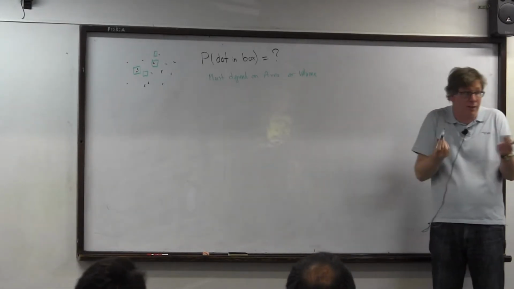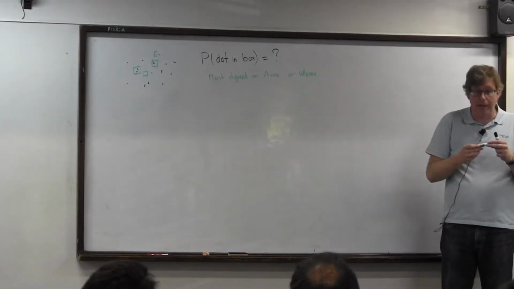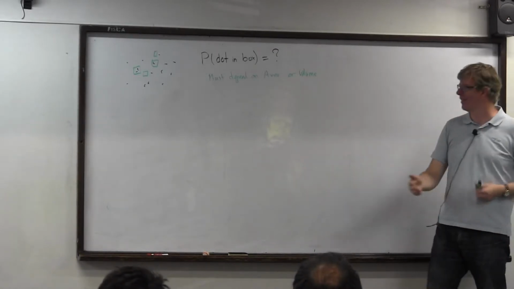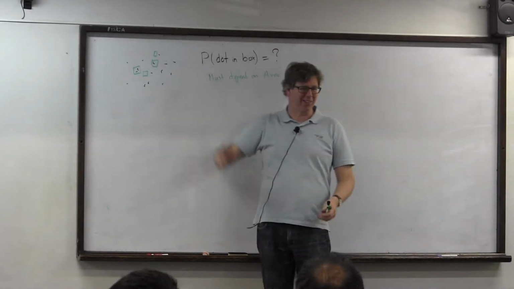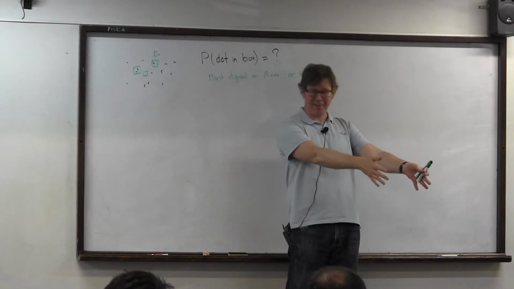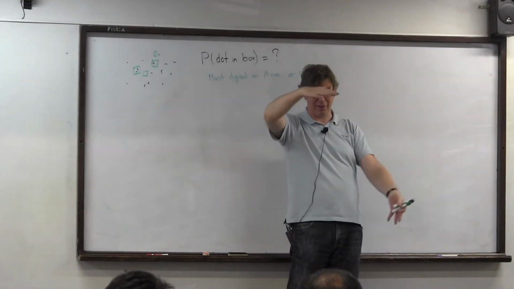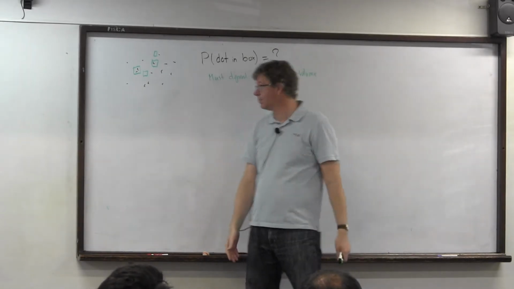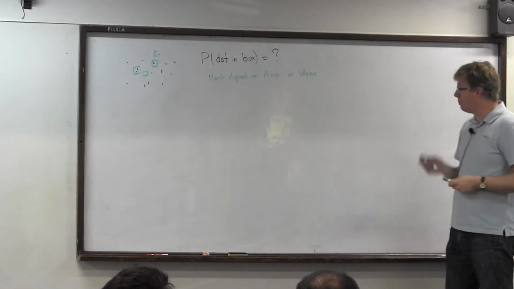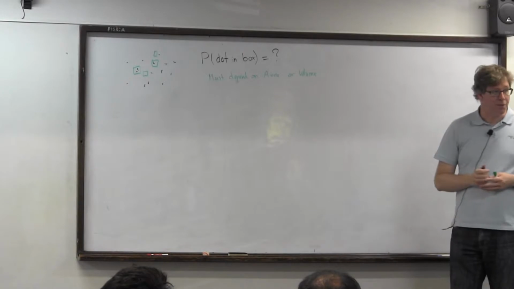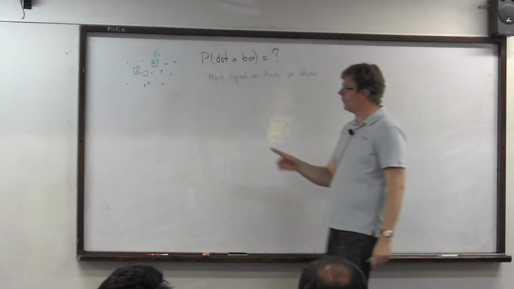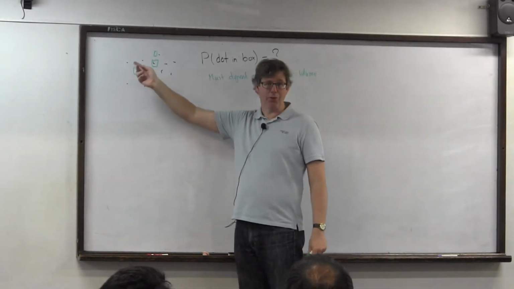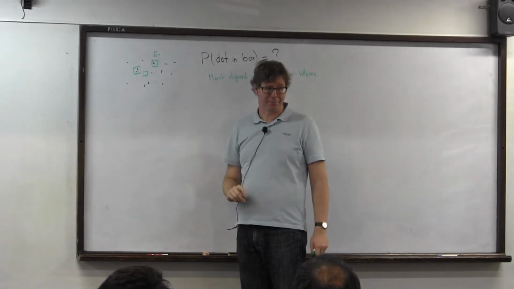And it has to depend on that linearly. It doesn't depend on the area squared, right? If I make the area twice as large, I have twice as much chance to have a dot inside. So it must depend on the area. The other thing it must depend on is how many dots there are per area.